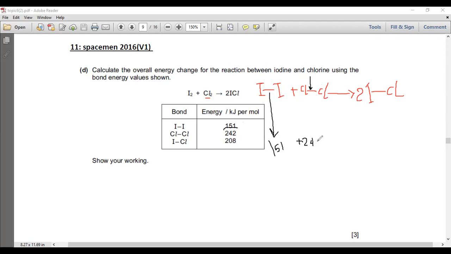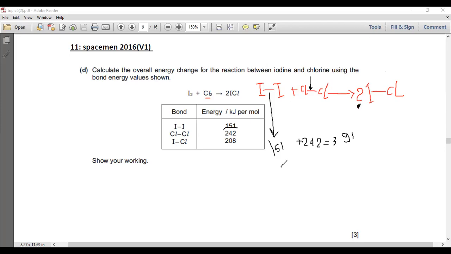When you add them together, what is the total here? 393. So this is energy in. Now, energy out. You have 2 here, so you have to multiply it by 2.